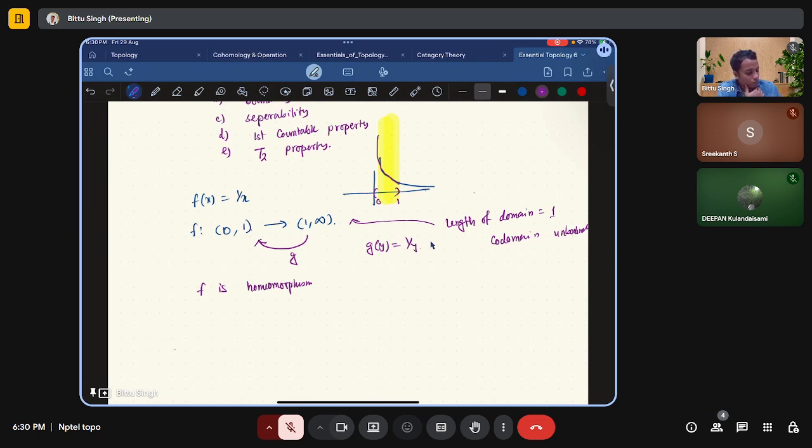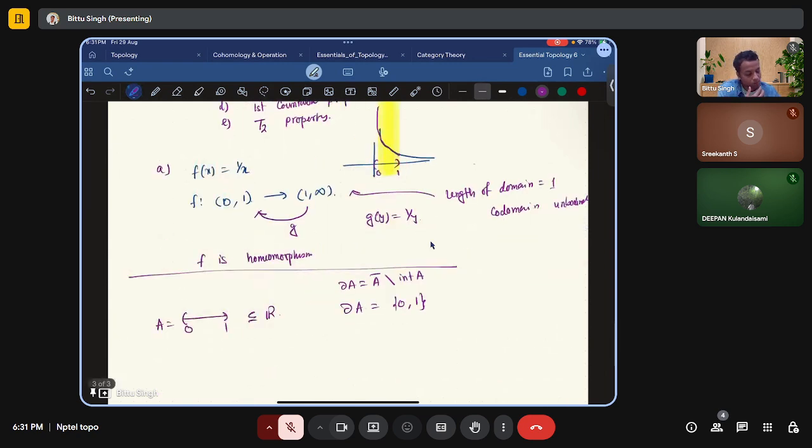That is, if we consider this open (0,1) as a subspace of R, then the boundary of this set is 0 and 1. Both are boundary points, because we know that boundary is the same as closure minus interior, right? So A is not true.